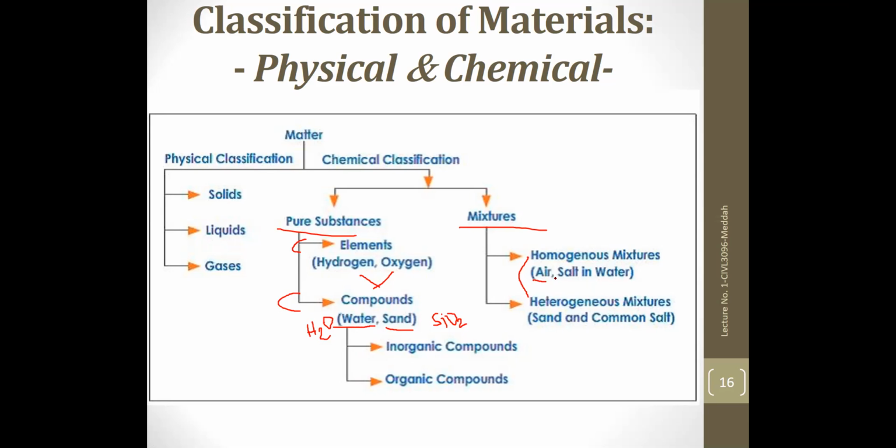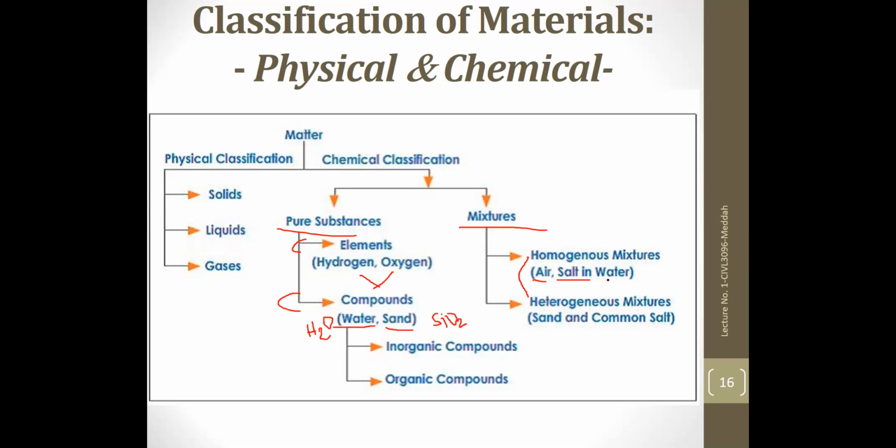But air has CO2, oxygen, some other types of nitrogen, some other types of gases that are available in the air, but you cannot distinguish between these different components of the air.